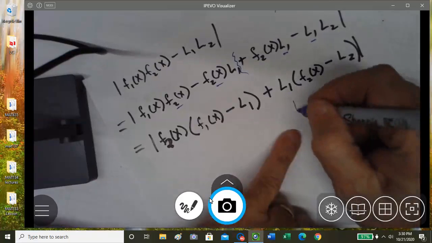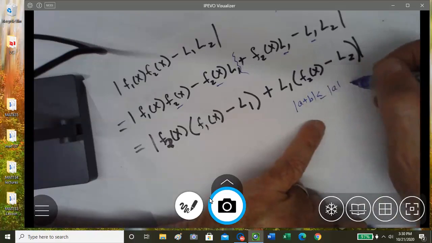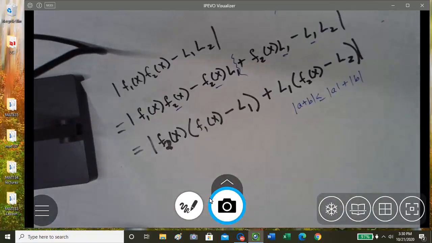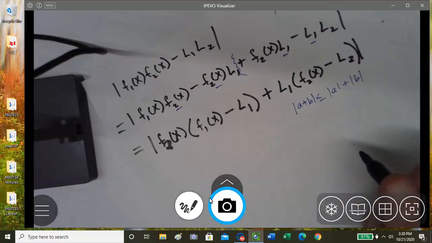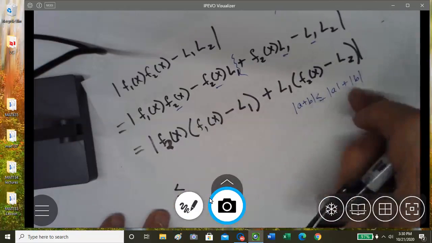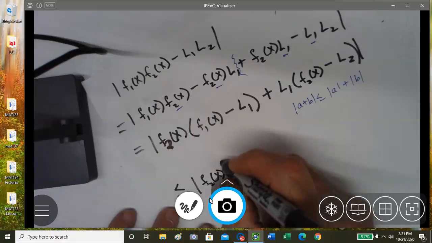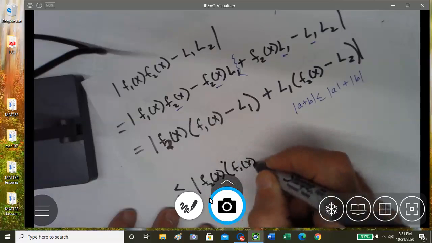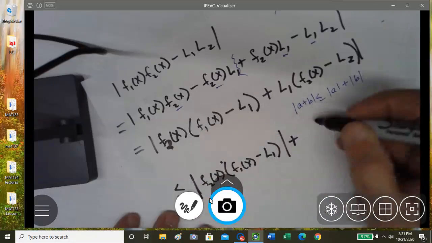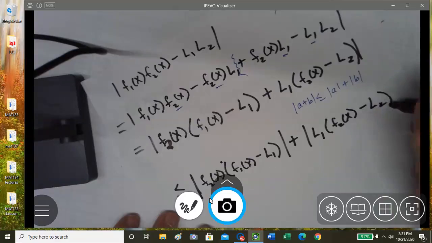Basically, the absolute value of A plus B is less than or equal to the absolute value of A plus the absolute value of B. That's known as the triangle theorem of absolute values: the absolute value of the sum is at most the sum of the absolute values of the parts. So this will be less than or equal to the sum: the absolute value of f2(x) times f1(x) minus L1, plus the absolute value of L1 times f2(x) minus L2.